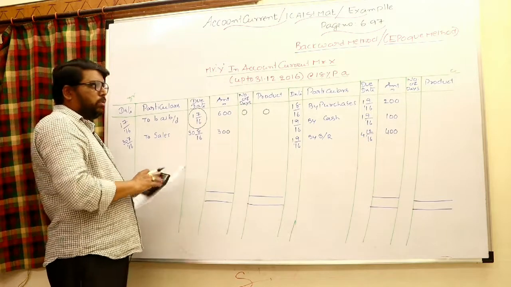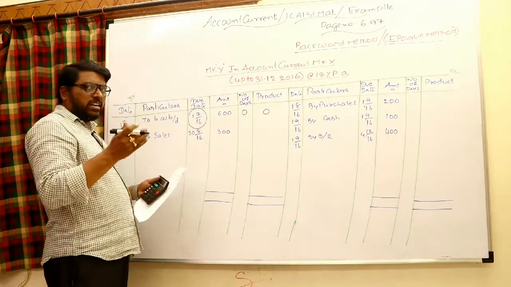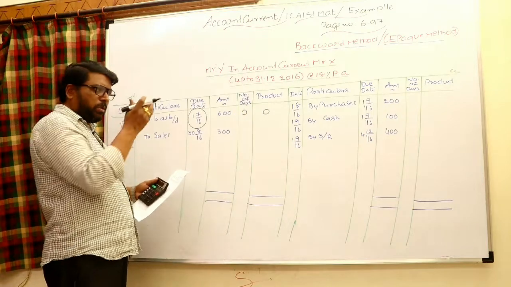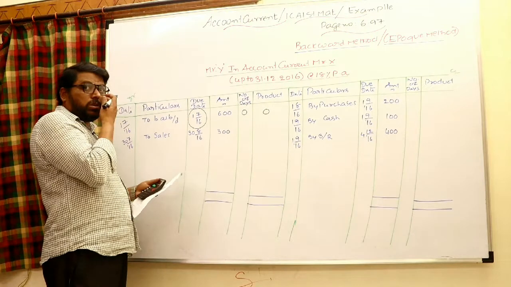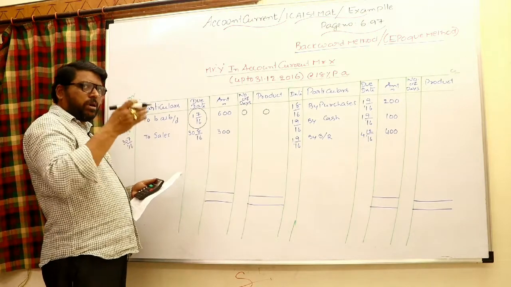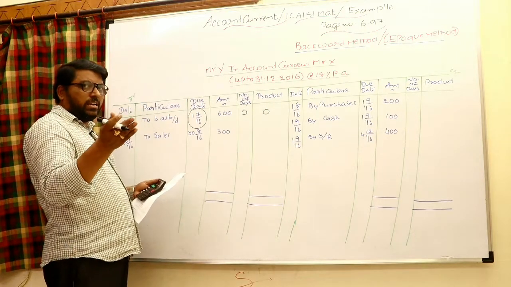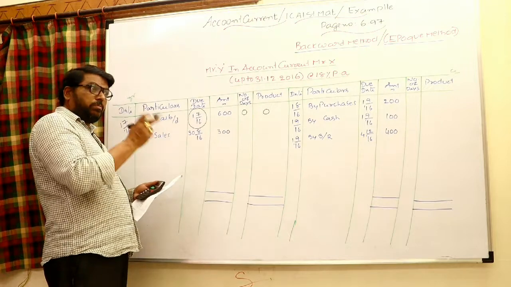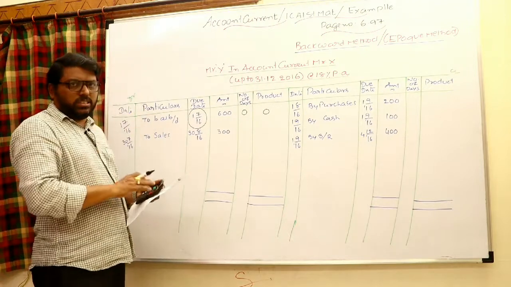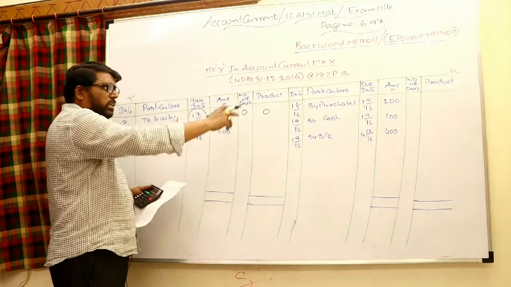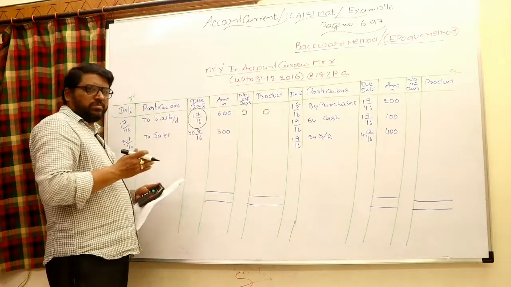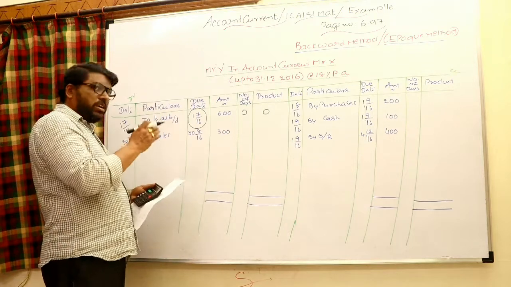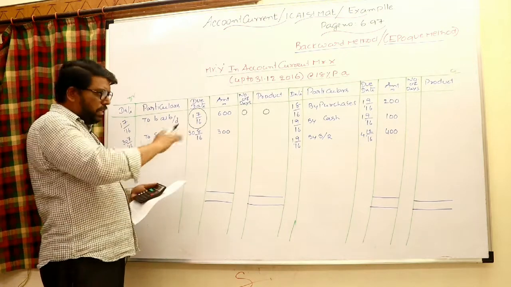Another very important point in the backward method: while calculating from the transaction due date to the opening balance due date in the reverse manner, the balance day also should be considered in all the cases.